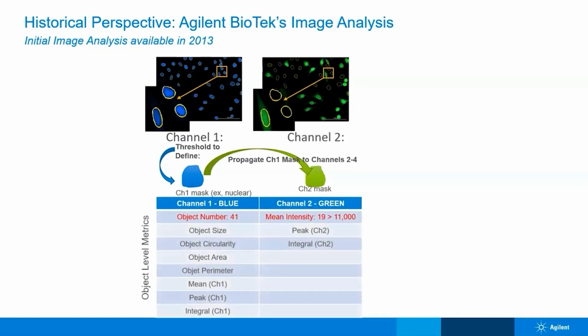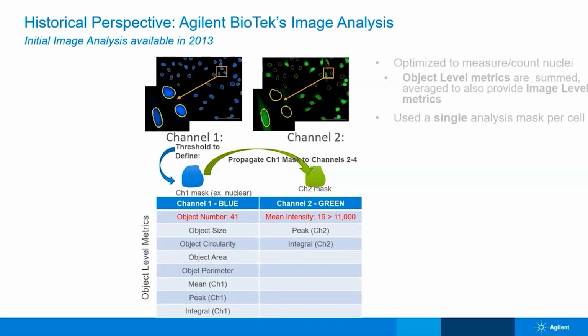Back in 2013, we could also use these basic tools to identify object size, circularity, area, perimeter, and some other phenotypic type measurements tied to morphology. And then intensity measurements in both channels. This could be done in up to 4 different channels. Now, there are 2 different types of measurements that could be done.